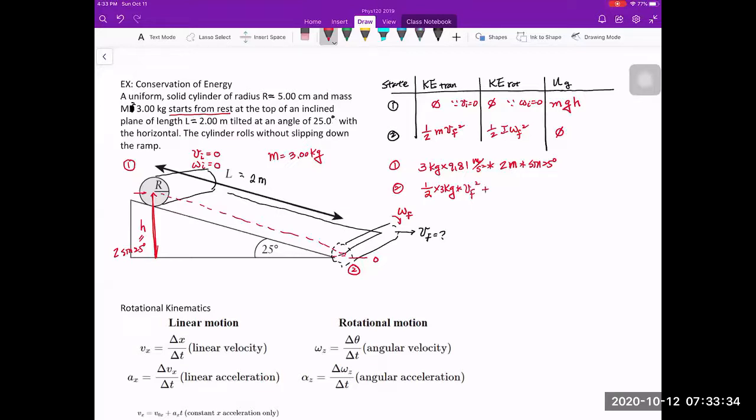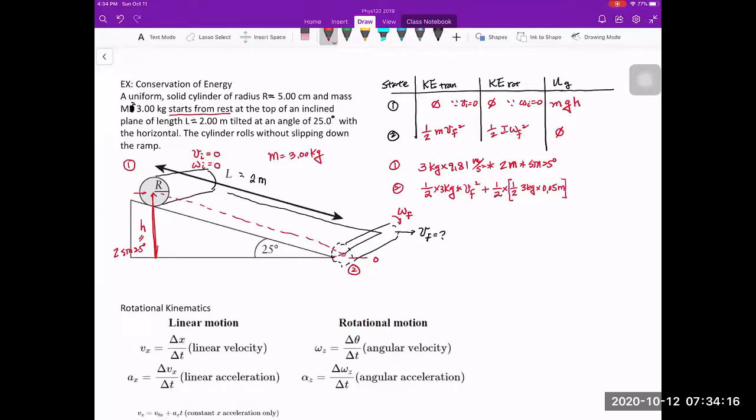And the second one is 1/2 I omega f squared. So what is I in this case? Then you go back to the table: I is equal to 1/2 mR squared. What is m? That's 3 kilograms. What is R? R is the radius of this cylinder, which is 5 centimeters, and I need to convert it into meters so our calculation is consistent in the same unit system.